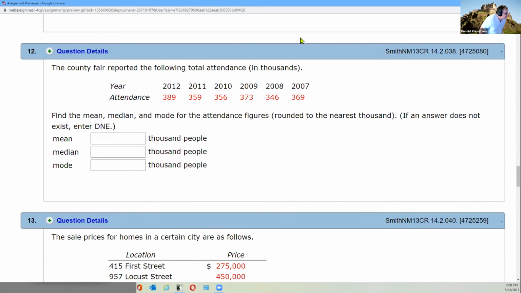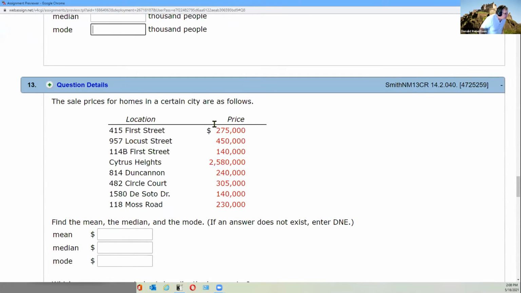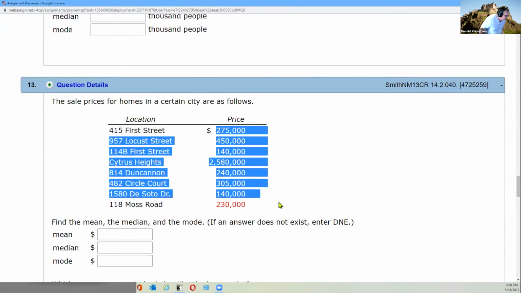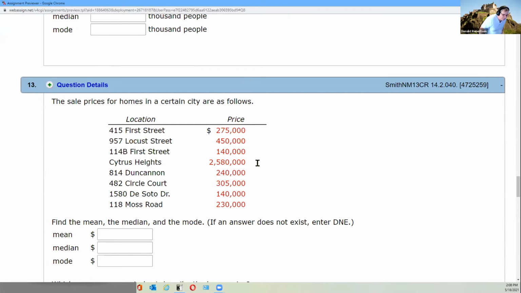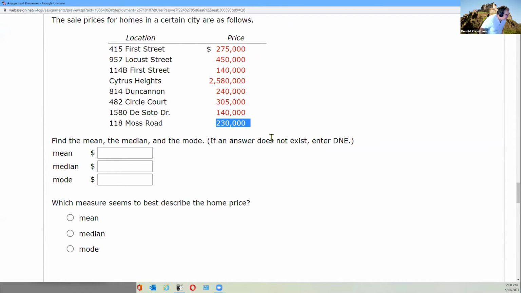What we have here is just a data set where the numbers have years attached to them, but that doesn't really matter. You just use those 5 or 6 numbers and get the mean, mode, and median. This is a little easier to see what the numbers are because it's a column. So you can imagine 275, 305, and 230,000. Big numbers, but mean, mode, and median.